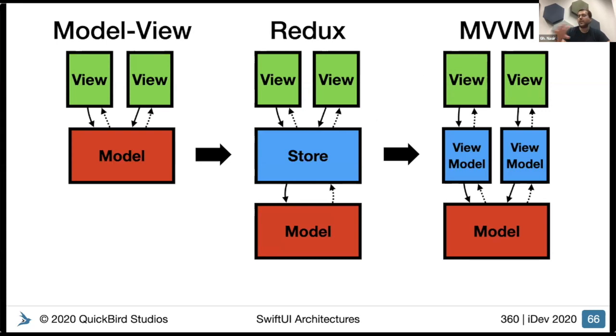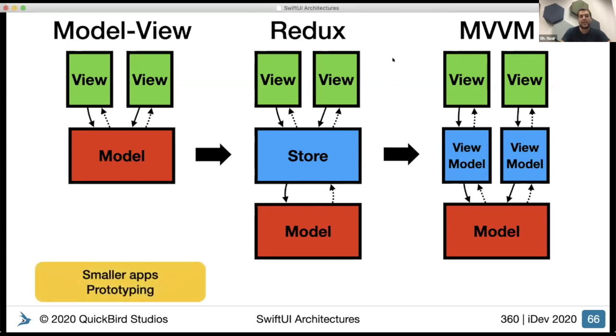Taken from all of the different metrics, how they compare to each architecture, we gained the experience that the model view architecture is best for smaller apps or prototyping, something where you want to have a quick and dirty solution, where you just want to get on with something, and you want to, for example, show a view to a client.